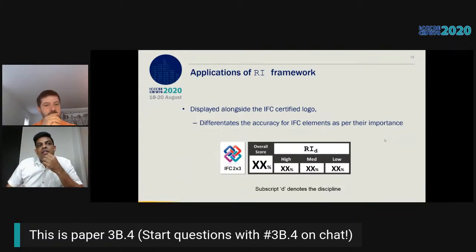And it shows an overall score, which is a weighted average of all 3 importance levels. With this approach, the end user could take an informed decision whether to go ahead with the current data exchange, even if there are some errors with elements that are unimportant for their discipline.